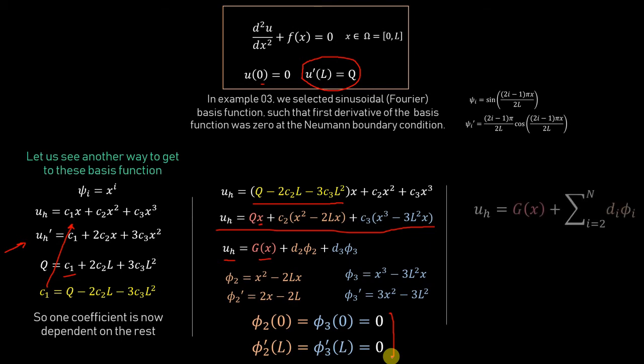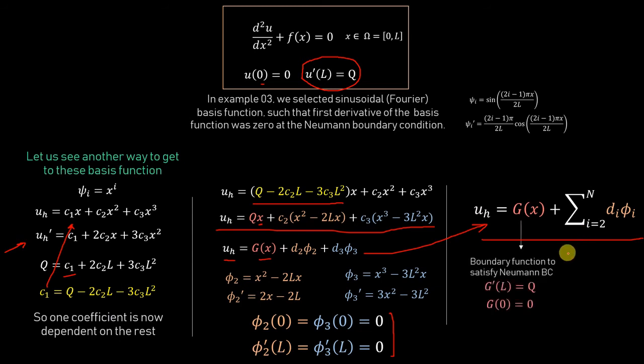Now we can write our approximate solution, or the trial solution, in something like this, nothing but writing this function in the recognizable form that we have been dealing with. This is a boundary function that satisfies both the essential and Neumann boundary conditions. The Neumann boundary condition is g'(L) = Q and g(0) = 0.